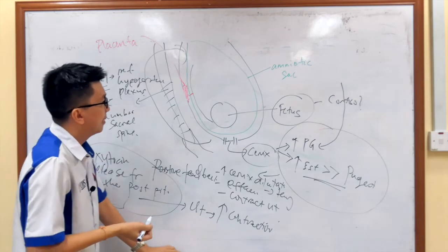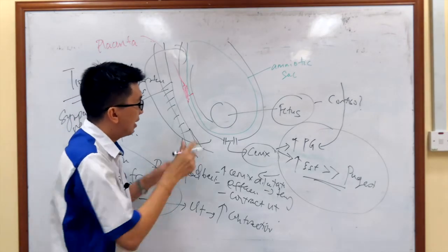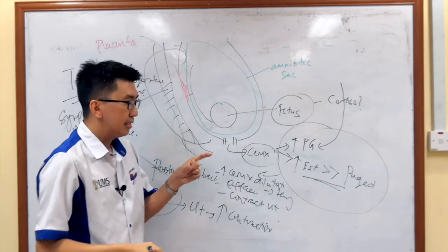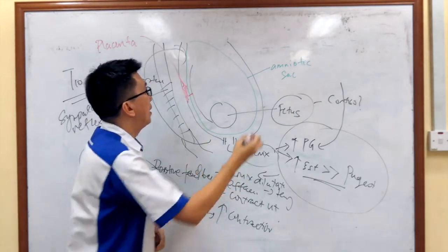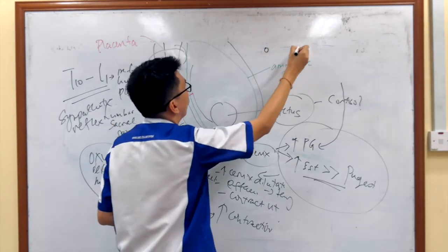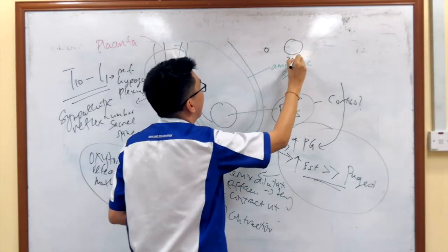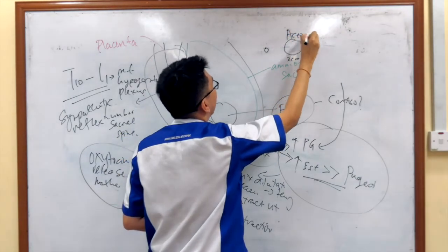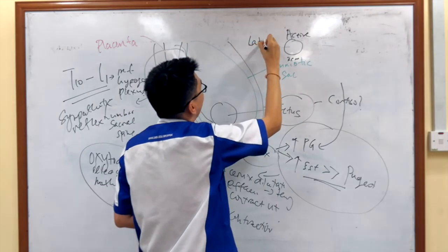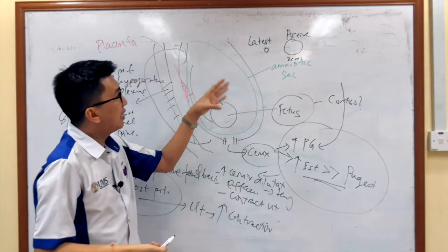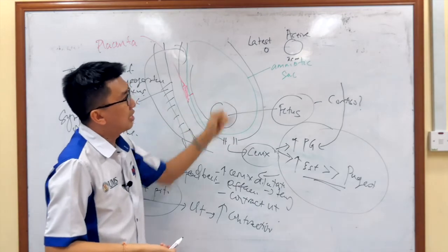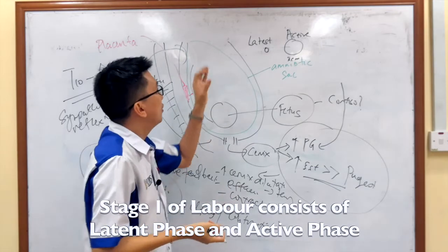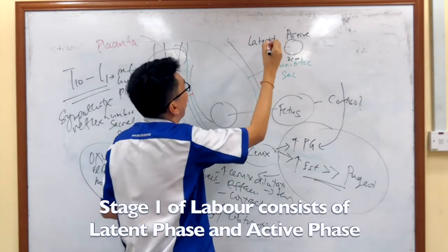Once the fetus is progressively going down, bearing down, the cervical opening will start to open from small to 3 centimeters, which we call the active phase of labor. When the cervix is not in the active phase, maybe it's just a small size and not open, but there's irregular contraction, that is the latent phase of labor.